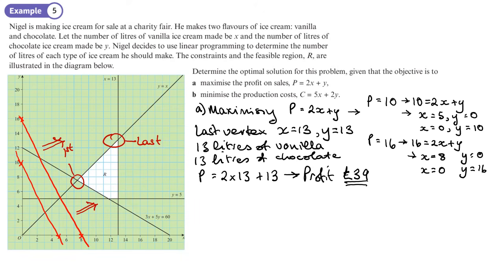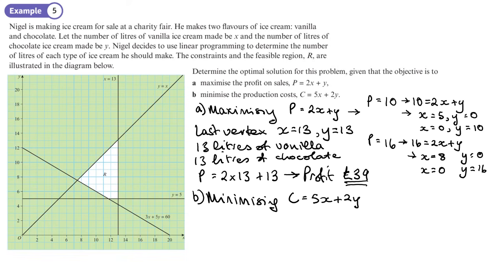Moving on to part B, this is about minimising the cost, and the cost is given by 5x plus 2y. So what we need to do is something similar to what we did before and get some points that we can plot on here so we know what direction our ruler needs to go in. Let's pick some nice, easy, sensible values for c. Let's say we made c equal to 10, for example.